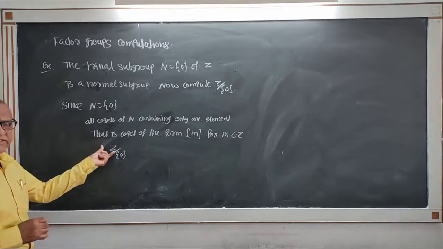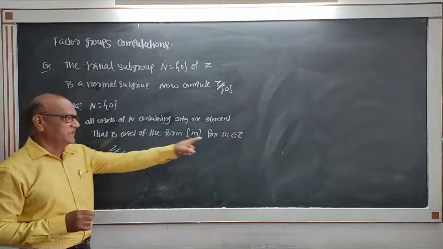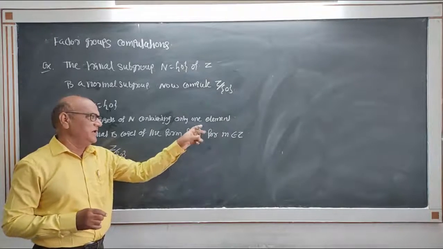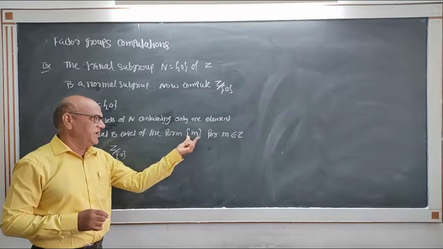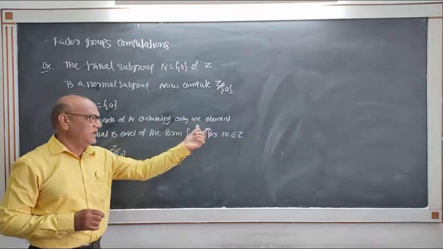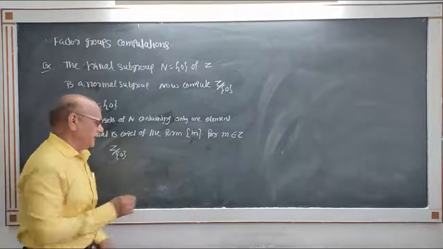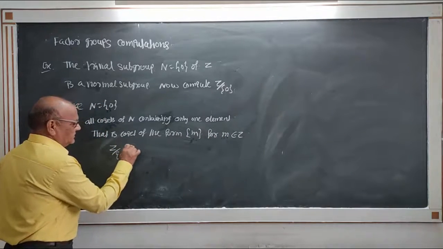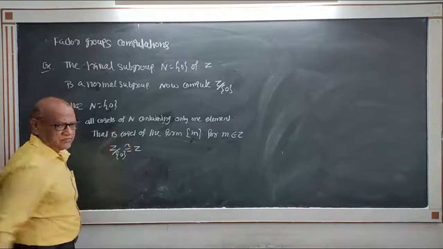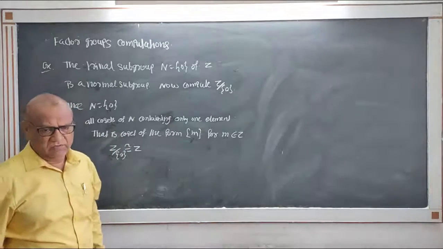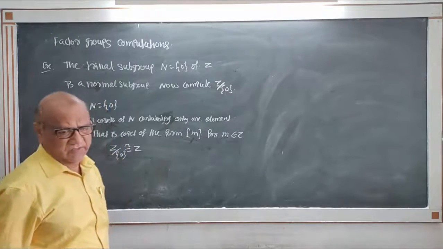Each coset contains a single element, of this form, for all m belonging to Z. Therefore, this is isomorphic to Z.